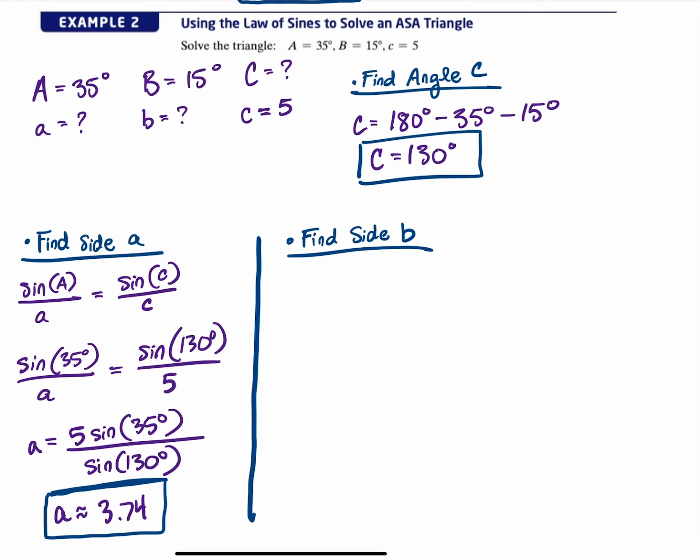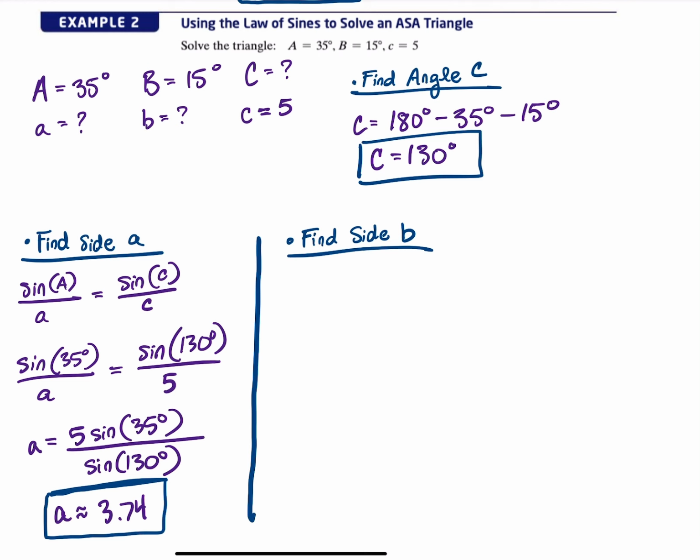So if you can avoid using a value that you had to round, that would be ideal. Sometimes that's not possible, but we do know this side length for sure didn't have to be rounded, and 130 degrees we didn't have to do any rounding either. So this will give us our most accurate result.